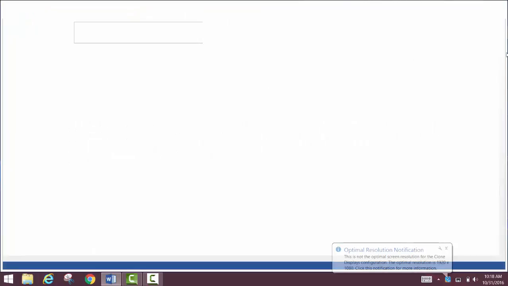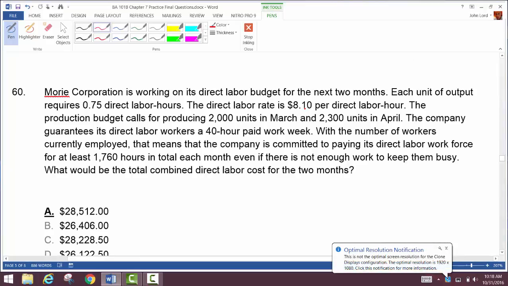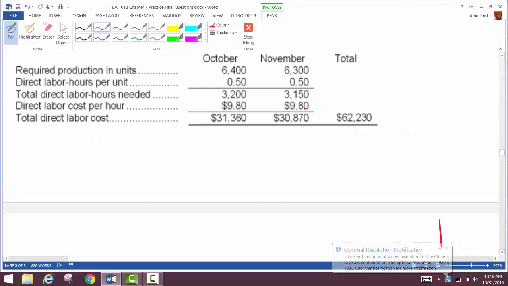What do we have in fireworks up there? Okay, so it's going to be the number of units that we're going to produce. Wow, I didn't realize what a difference that mouse makes.